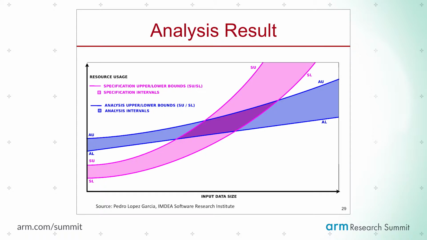Now, with these two results present, you can now do verification by statically checking whether the program meets the specification, under which conditions it doesn't meet the specification, and where you can't be sure. Okay? So that is the beauty of static analysis in this context.